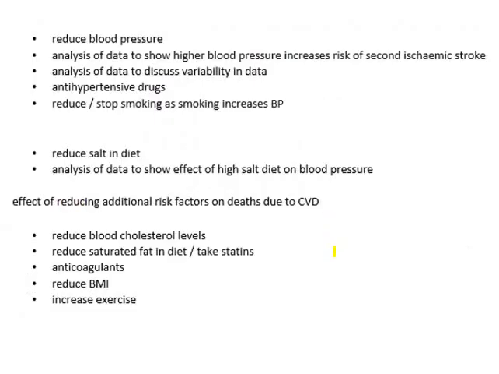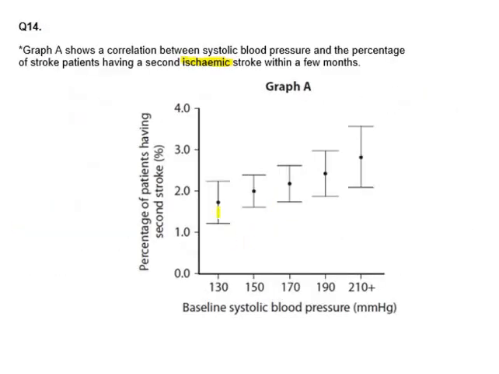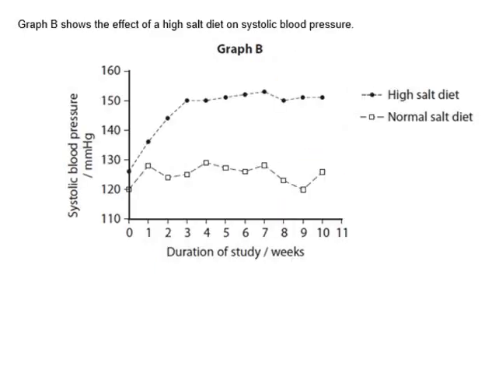Now, you could get marks for any of these. The fact that the advice should be to reduce blood pressure. To get a second mark, you need to show some analysis of data. That means you need to show some kind of calculation. Maybe what is the difference between having blood pressure of 130 and blood pressure of 190? You could calculate the difference there.